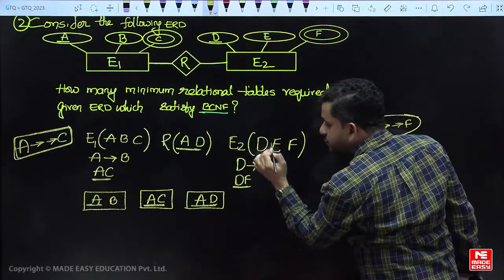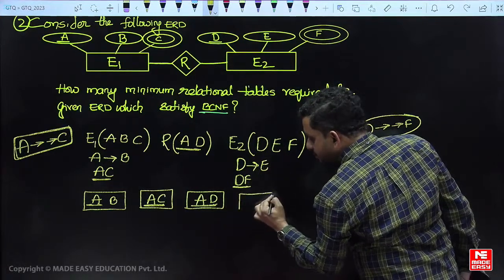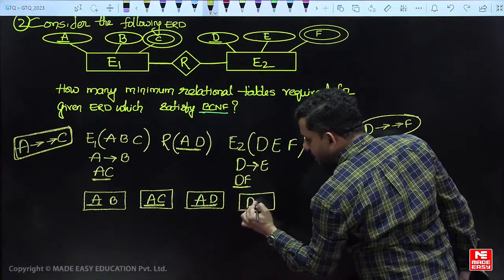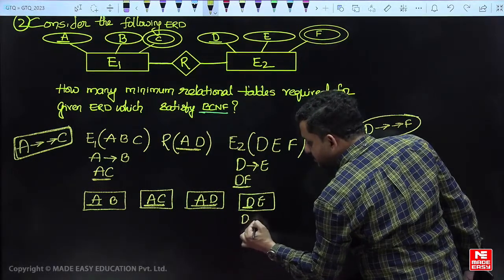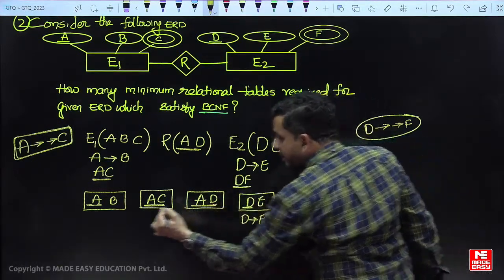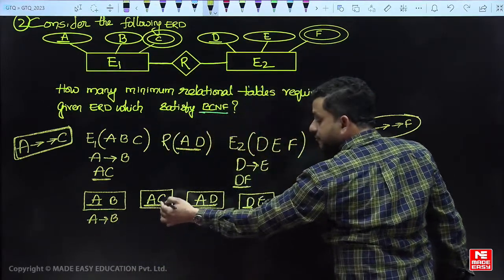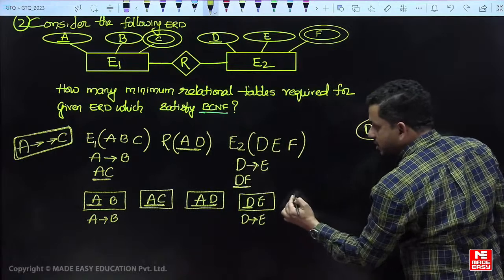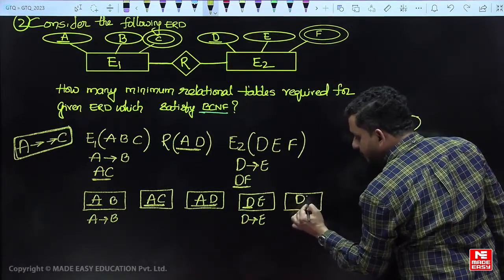E2 also has to be decomposed, as it has a partial dependency and is not BCNF enough. So DE, where D determines E and D is a candidate key. Here D determines E, and here A determines B. Non-trivial FDs are not there, and one other relation is required, that is DF.